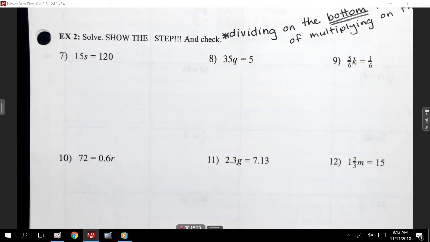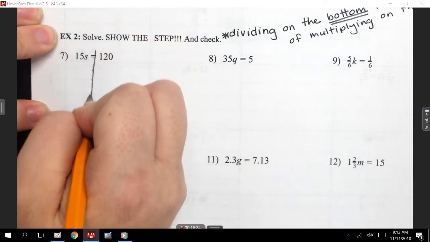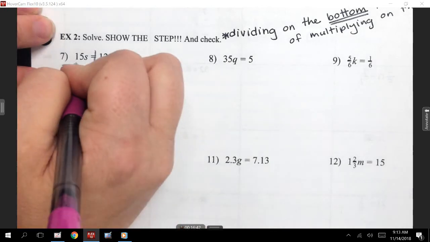All right? For number 7, there's my line. What number is with my variable, on number 7? 15. So that says 15 times s. The opposite of 15 times s would be to divide. So I'm going to draw that fraction bar.